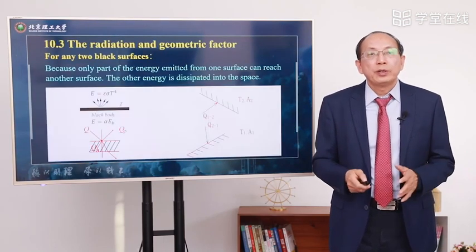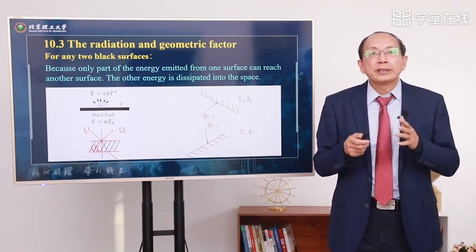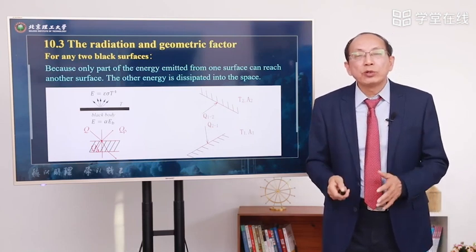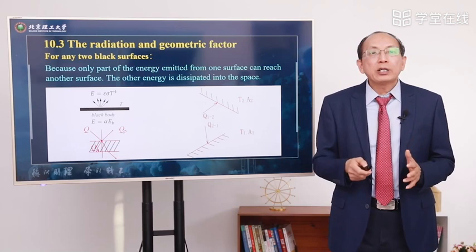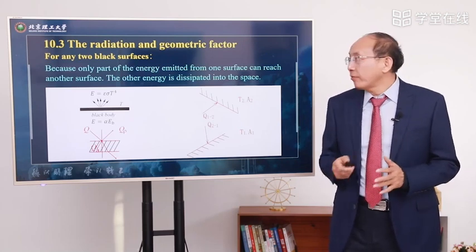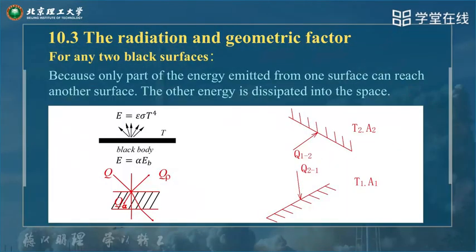Section 3, Radiation and Geometrical Factor. For any two black surfaces, because only part of the energy emitted from one surface can reach another surface, the other energy is dissipated into the space.